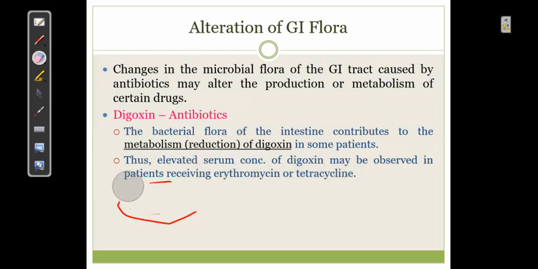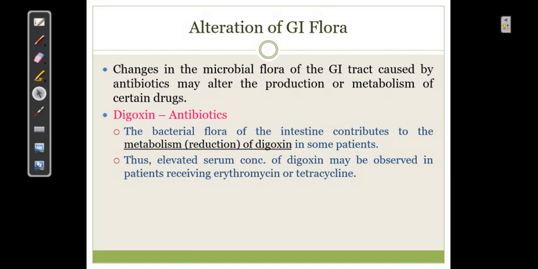You gave antibiotics, so this bacterial flora will be lost. If bacterial flora is lost, metabolism will be reduced. If it is reduced, plasma concentration of the drug will be enhanced, and that could result in toxicity of digoxin, because the therapeutic index of digoxin is narrow. So this is a very important example which we have discussed here.